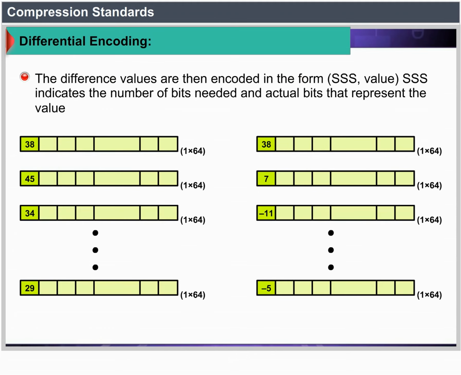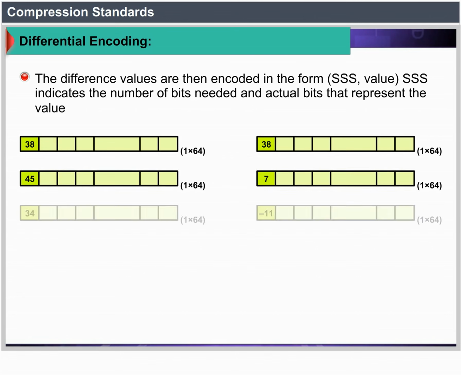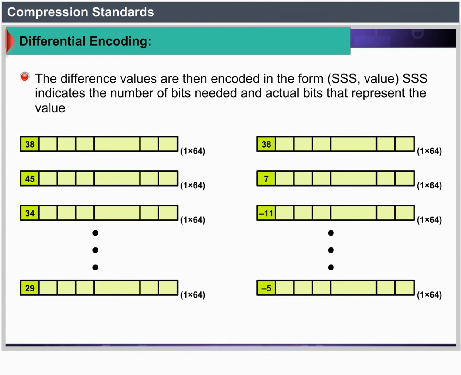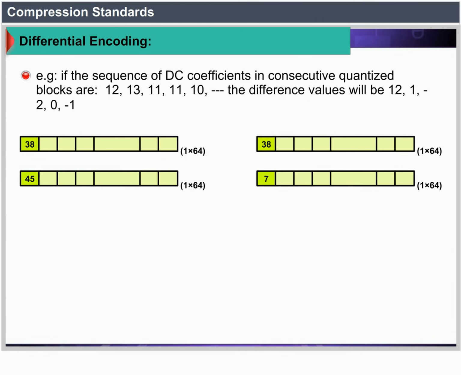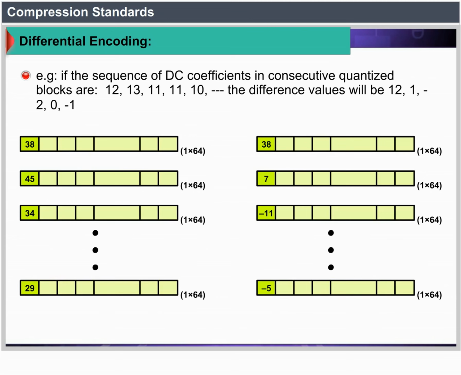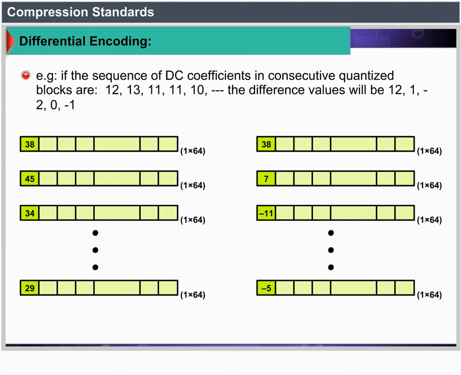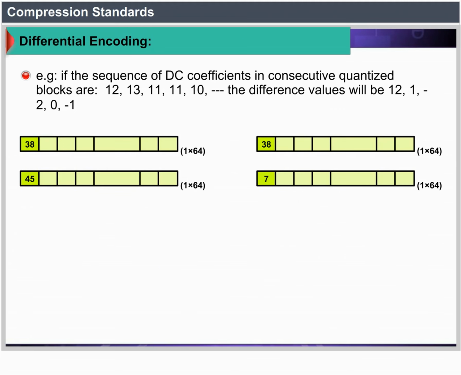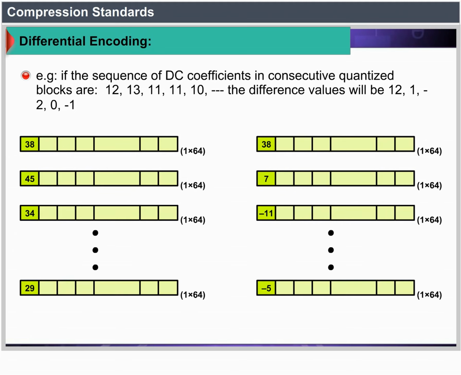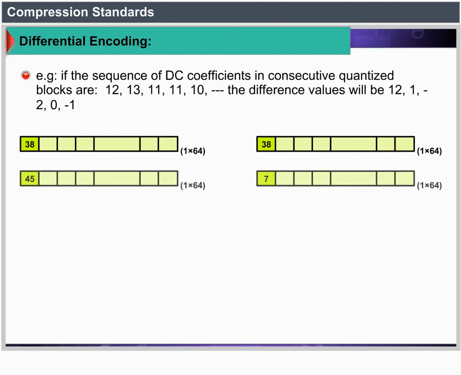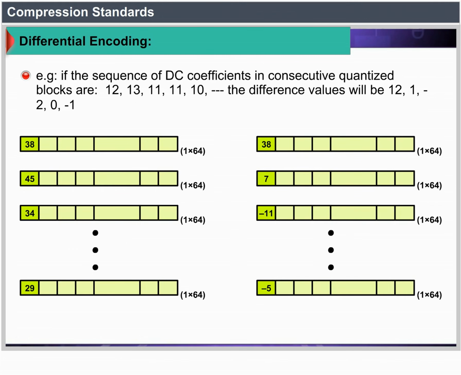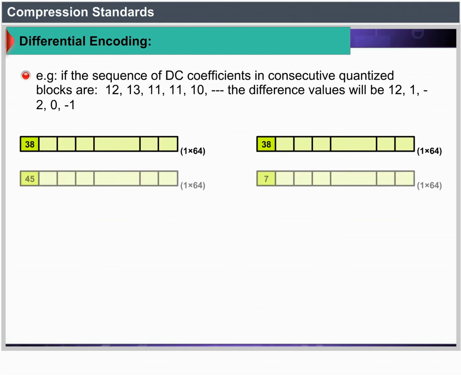SSS indicates the number of bits needed and actual bits that represent the value. For example, if the sequence of DC coefficients in consecutive quantized blocks were 12, 13, 11, 11, 10, then the difference values will be 12, 1, -2, 0, -1, and so on.